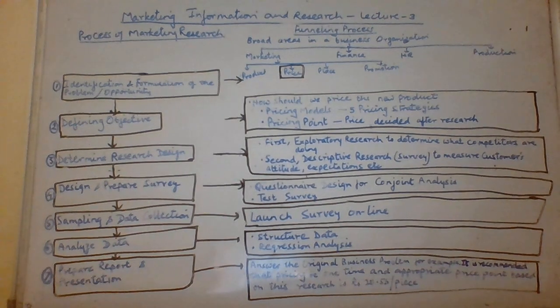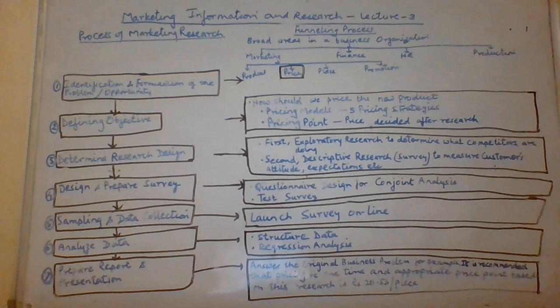Before I start with the research process, I have given the process of marketing research with a hypothetical example, to show how the research goes down and how we come to the various aspects related to each step.